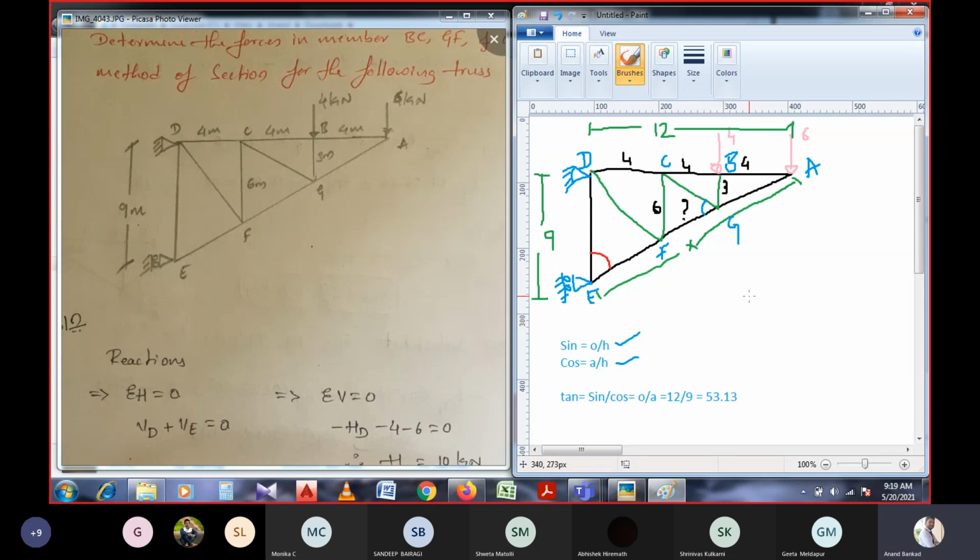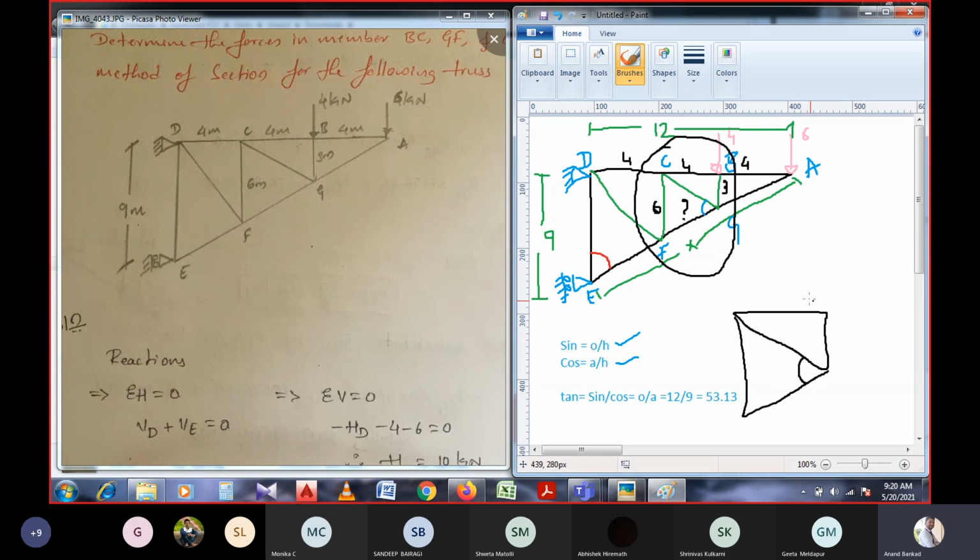See, here I am just solving this one. I will just take this portion. It is a 4 meter length and a 3 meter length, having an inclination over here, and again we have the member like this. Here it is asked to calculate the angle of inclination.